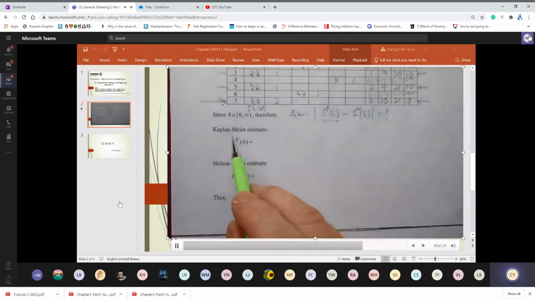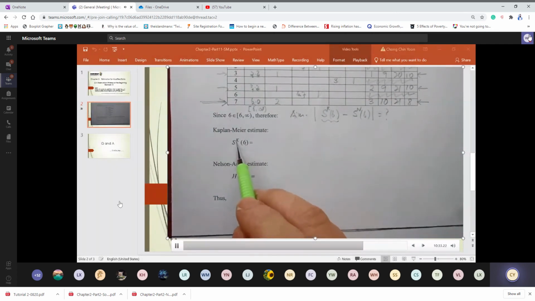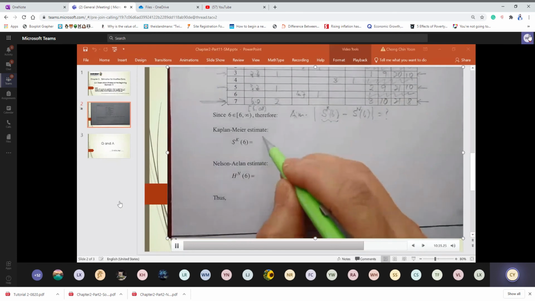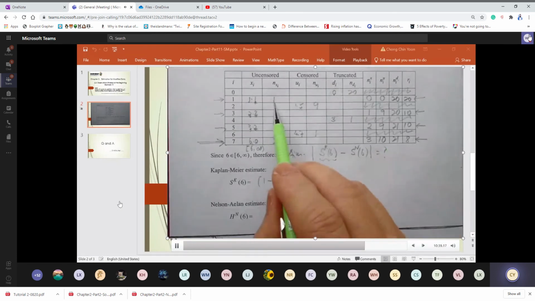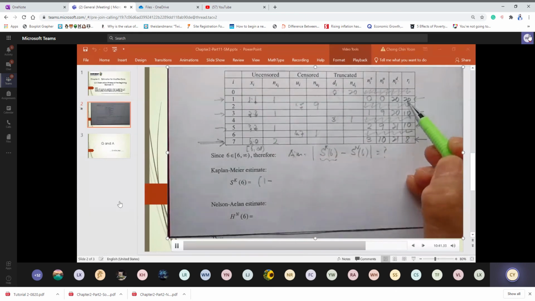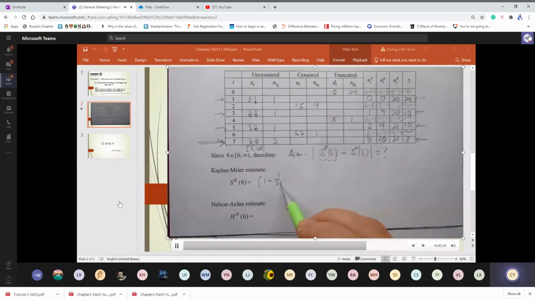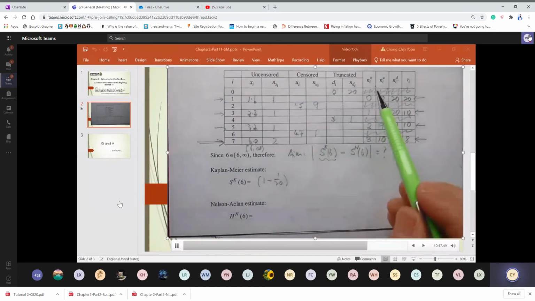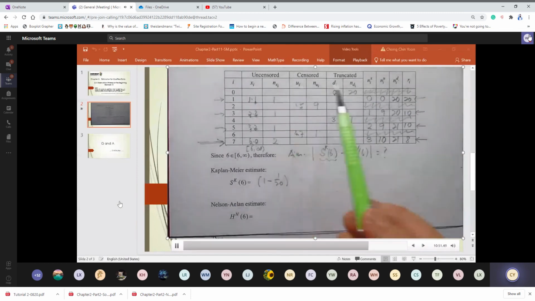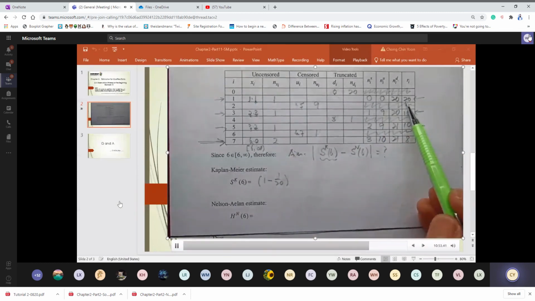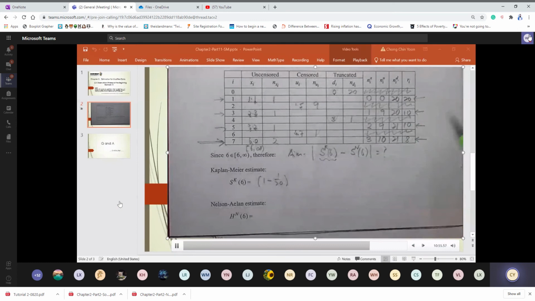So our survival at 6 under Kaplan-Meier equals 1 minus 1 divided by this R, that is 1 over 20. So that's the reason I told you just now, do not place in the wrong row. You may get the wrong frequency or you may get the wrong R set value.